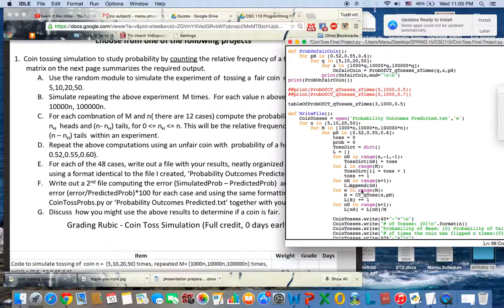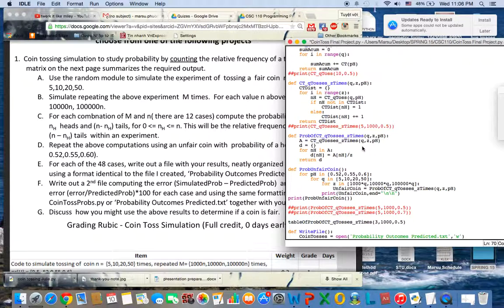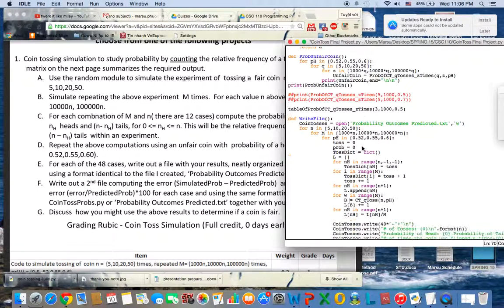And for W in range of M, we call the function coin toss in Q time in N time. I should write Q here, but actually the first function writes Q, so keep it.